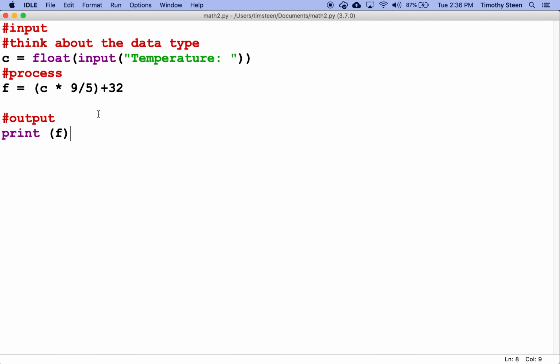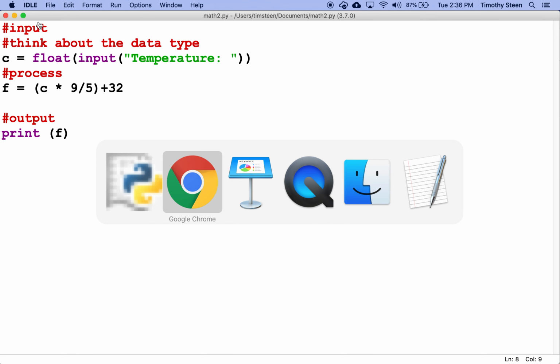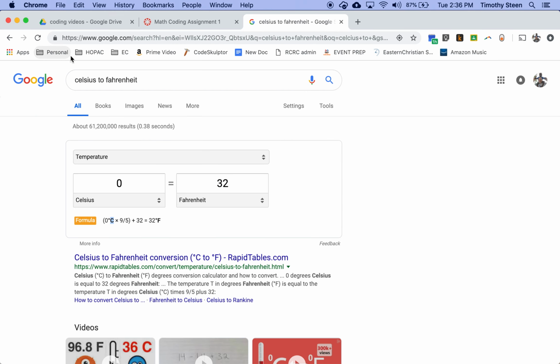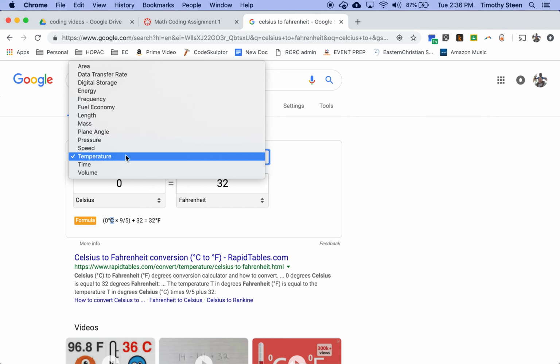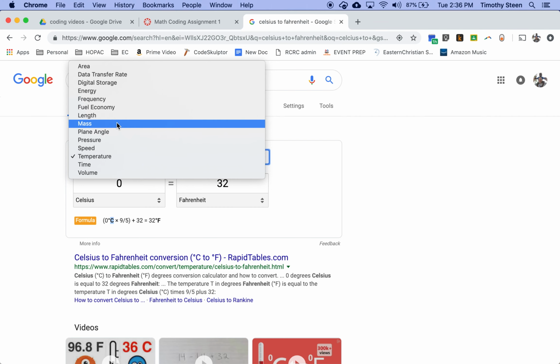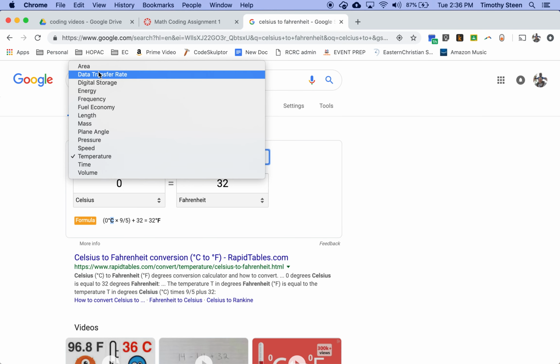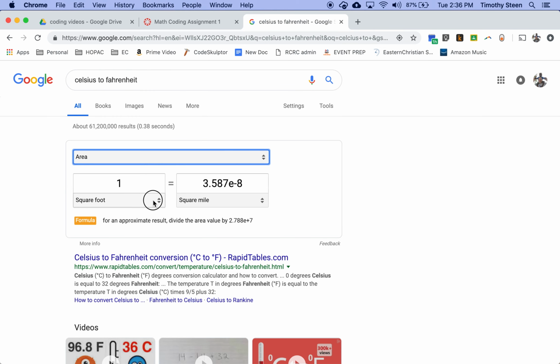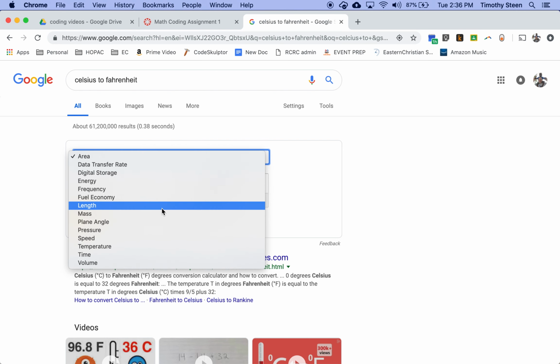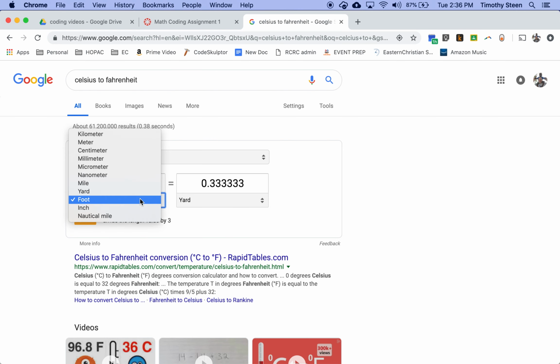So there is temperature. Now the second one in the assignment was to do kilometers to meters, or kilometers to miles. So here we're looking for some sort of distance. I wanted just to say distance. Does area work? Square foot? No, that's not it. So, length. There we go. Length is the same as distance, right?